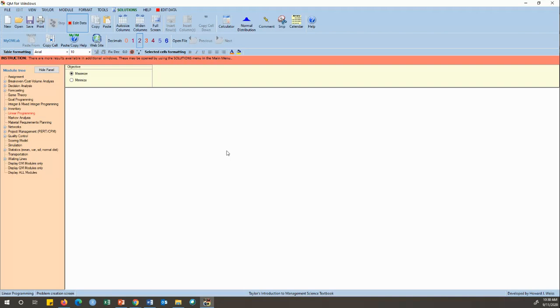I give you a brief idea first about QM for Windows. On your left hand side you can see all the templates for this software. It has a lot of different functions for you to consider if you have other problems. If you want to look at a game theory problem, you can use it there.